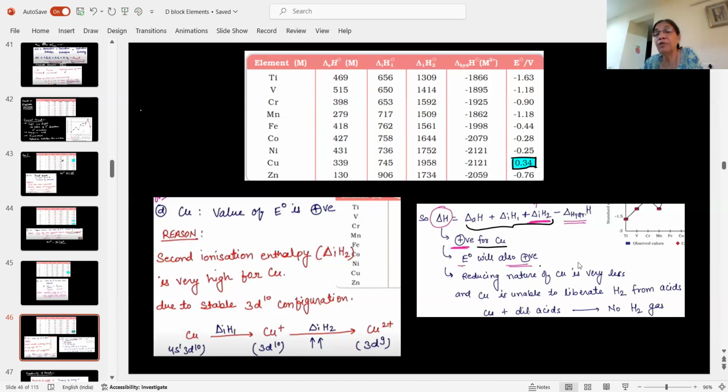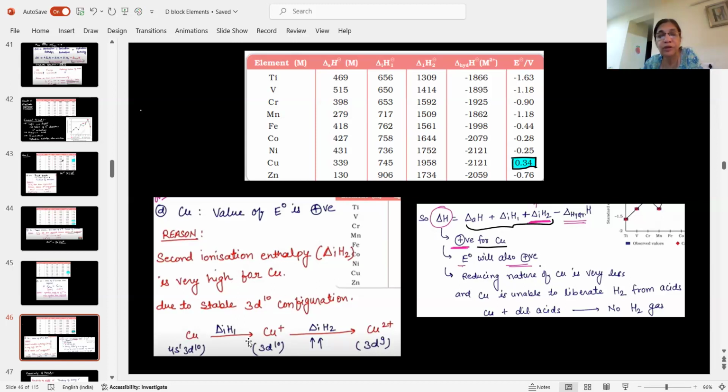So these are all special trends. The very important question is why all of them are negative, but copper has a positive reduction potential. Copper has a positive reduction potential because the second ionization energy is very high for copper. Why?